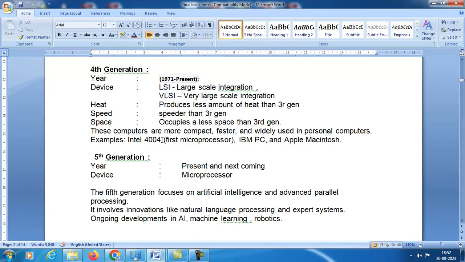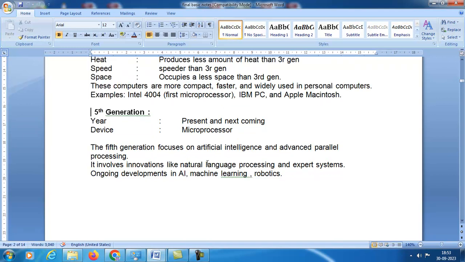Examples: Intel 4004, the first processor, IBM PC, and Apple Macintosh. Now what we are using are fifth generation computers. The present and the upcoming ones are called the fifth generation of computers. In that, microprocessors are used.